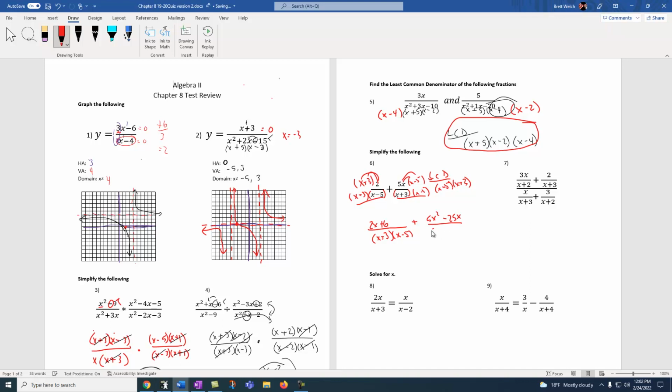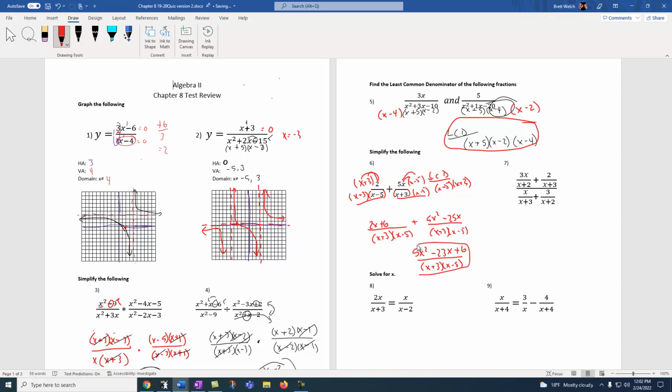That's all over, again, our x plus 3, x minus 5. And if we combine any like terms across the top, we get 5x squared. The positive 2 and the negative 25 makes negative 23x. And of course we have our plus 6 all over x plus 3, x minus 5.